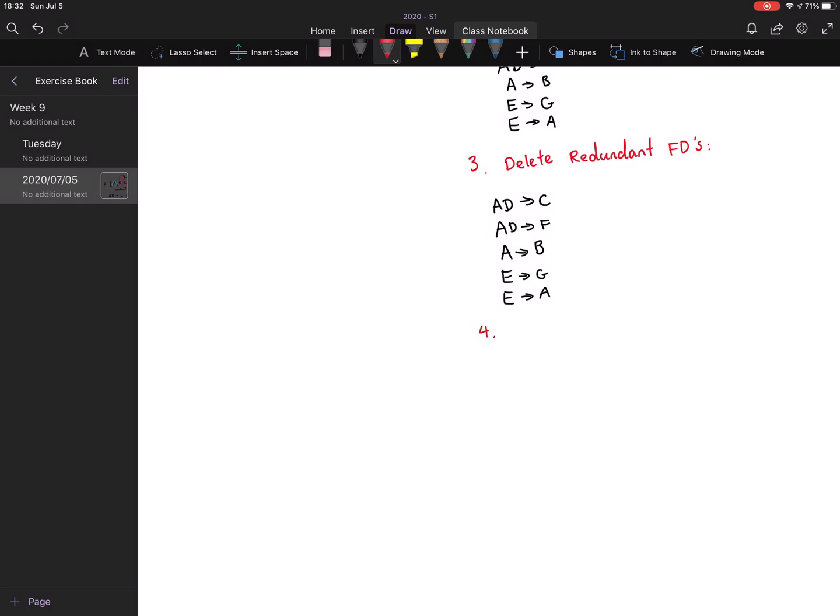Step 4 is to create relations for each functional dependency. Okay, create relation for minimal cover.